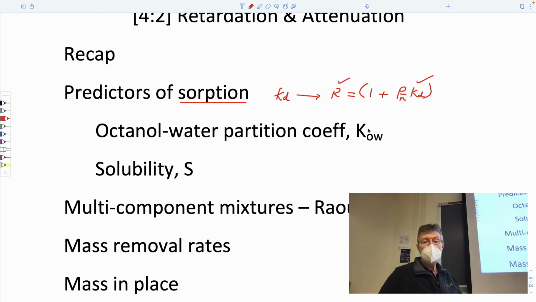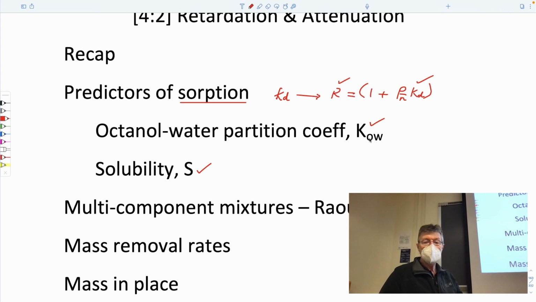And it turns out that we can do those things based on the solubility of organics in water, and also another fundamental parameter, which is the octanol water partition coefficient, which is how those coefficients partition between water and organic carbon in the system.